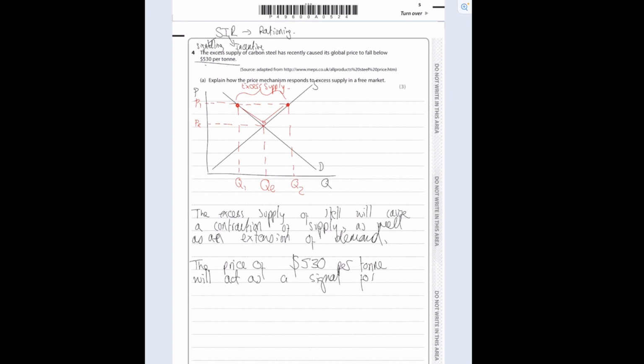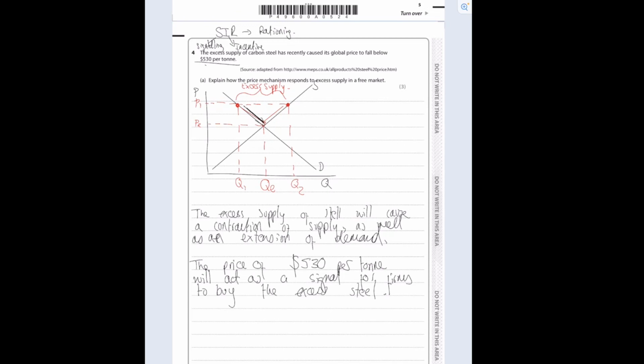I mean, no household is buying steel, for firms to buy the excess steel. And that makes sense with the fact that there is this extension on our demand curve.